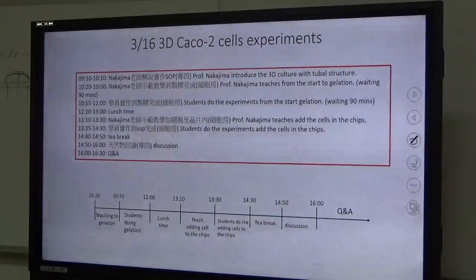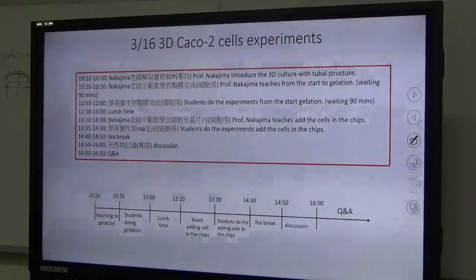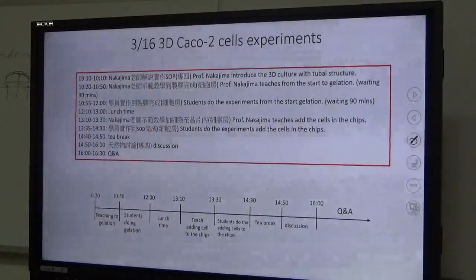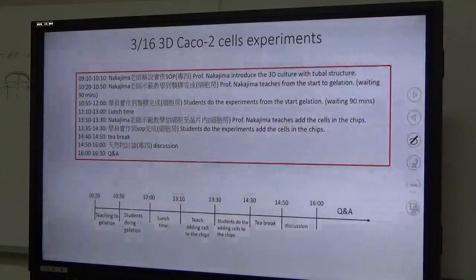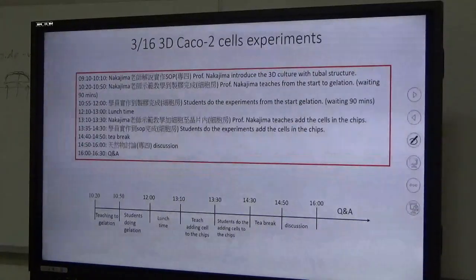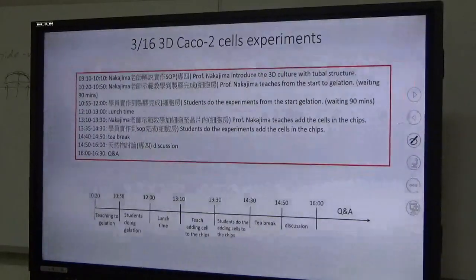Because I cannot explain everything without demonstration. So I necessarily want to demonstrate. There will be a 90 minute waiting time, but if we use that for the demonstration, we can cut the 90 minutes and discuss it. And because tomorrow there will be 5 doctors who don't come today, they need some presentation.